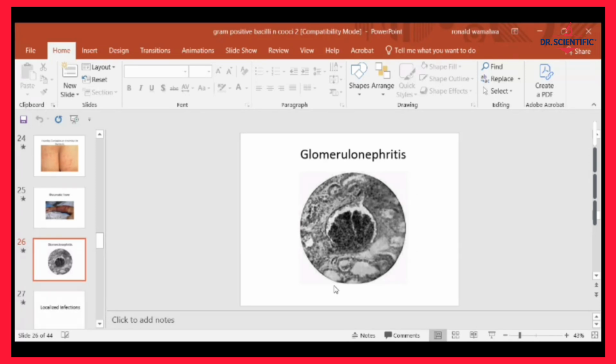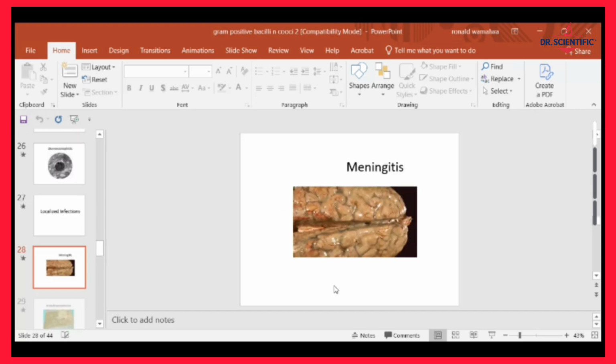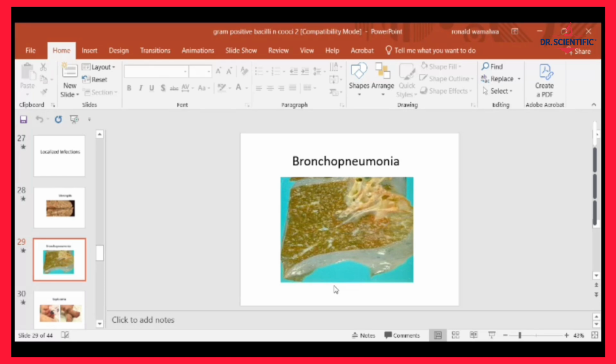This is the lungs where the glomerulonephritis, no, not the lungs, rather the kidney, where now the kidneys have been inflamed. So we have those localized infections, the meningitis, where the meninges have been inflamed. Those white things, the brain has seriously been inflamed by this streptococci, bronchopneumonia.